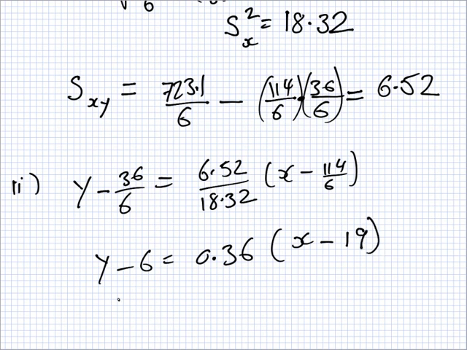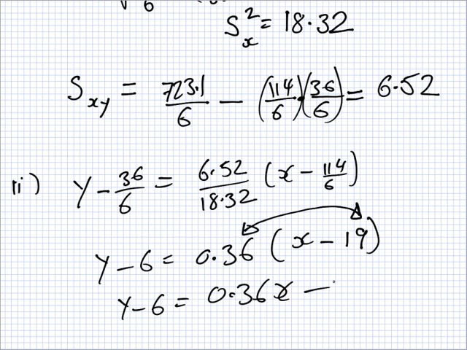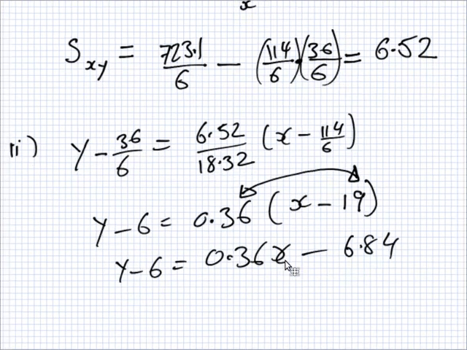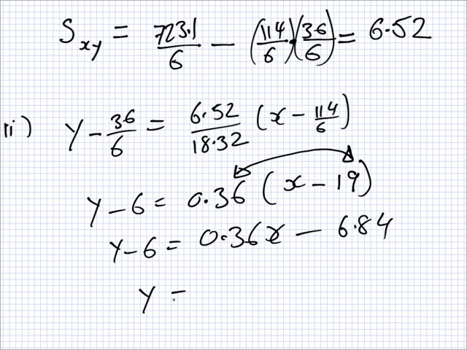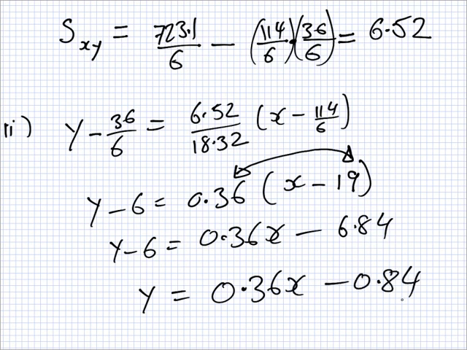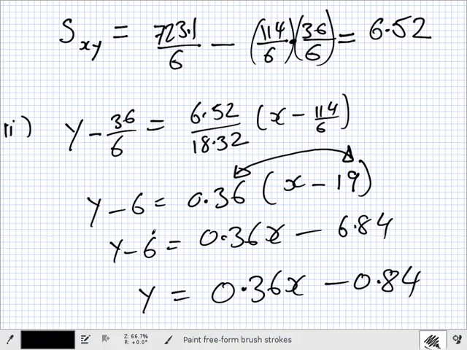Nice. So that's y minus 6 equals 0.36x minus 0.36 times 19, is going to be something for sure. What is it? 6.84. Okay, so that means y equals 0.36x minus 0.84. Ah, but this guy comes over.